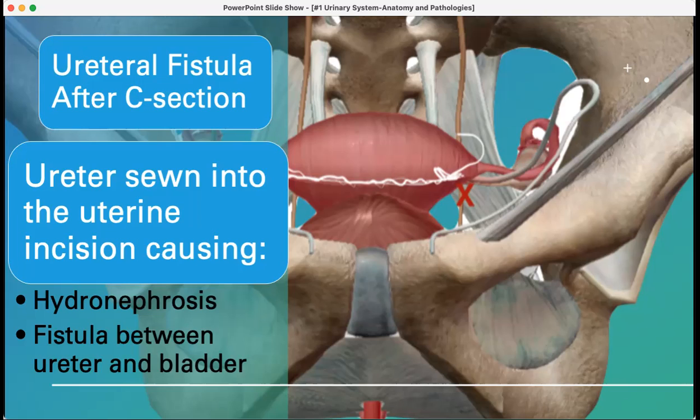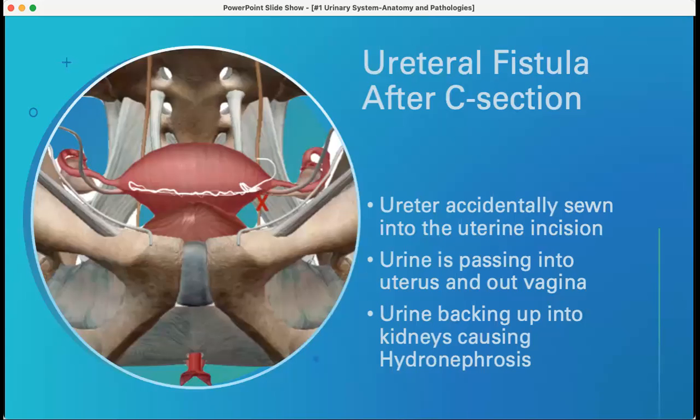But it wasn't a very big hole, and so urine was also backing up into that left ureter and developing an overflow and hydronephrosis, a large kidney on the left side, causing a lot of pain. So there it is. It's another depiction. It's called a ureteral fistula after a cesarean section.